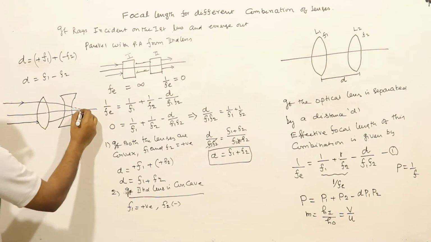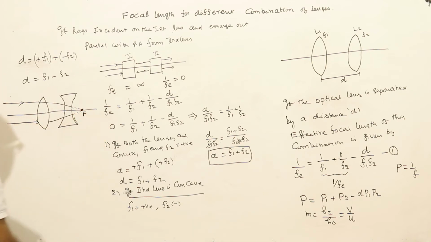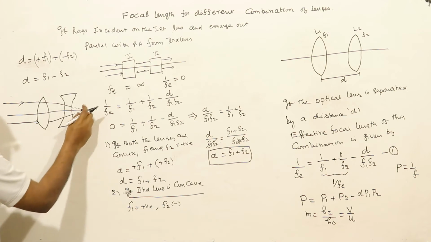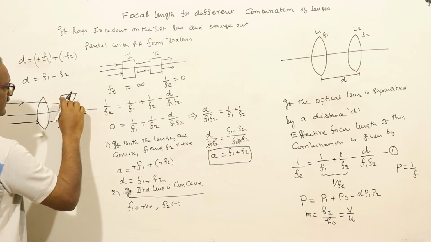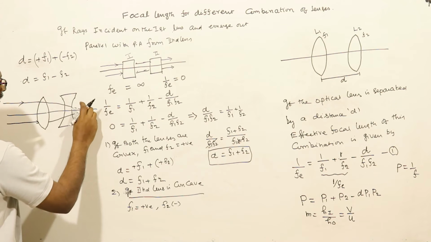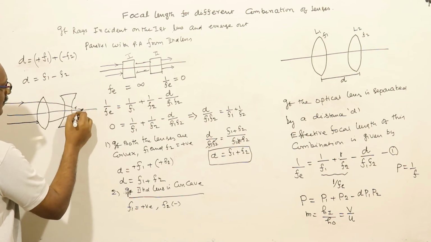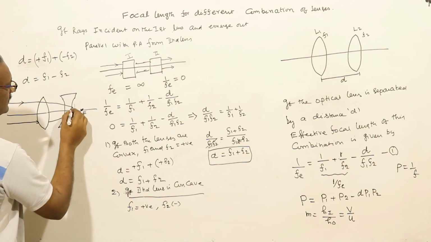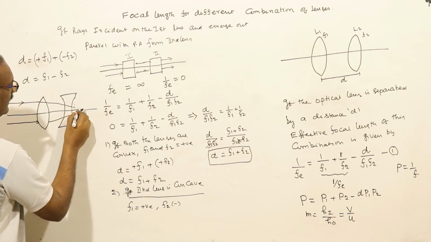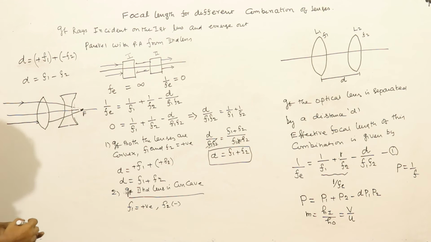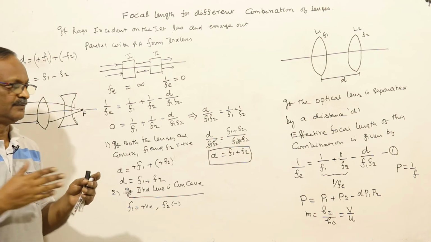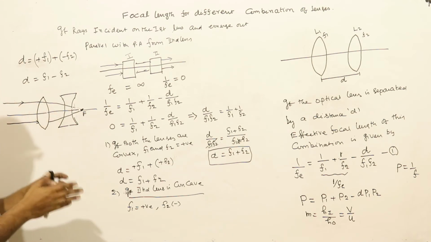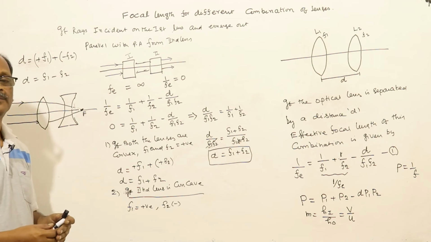This ray will go and converge like this. So this is a focus. After converging, it means this is a diverging lens. Any ray coming parallel to the lens will either pass through the focus, or it will appear to pass from the focus.